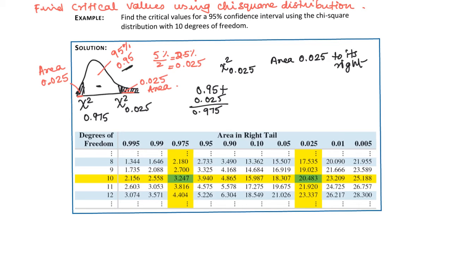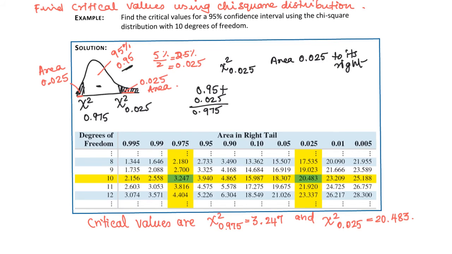So now we can conclude the critical values are chi-square 0.975 equal 3.247 and chi-square 0.025 equal 20.483. And remember, the notation for the chi-square values tell us how much area is to the right of the critical value.